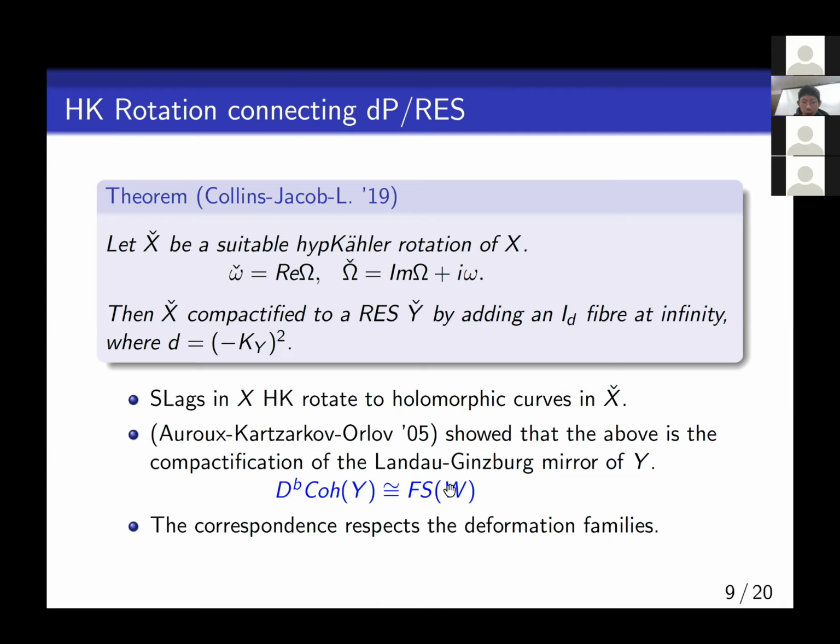So this guy is a function from (C star) squared to C, and one can fiber-wise compactify this map.